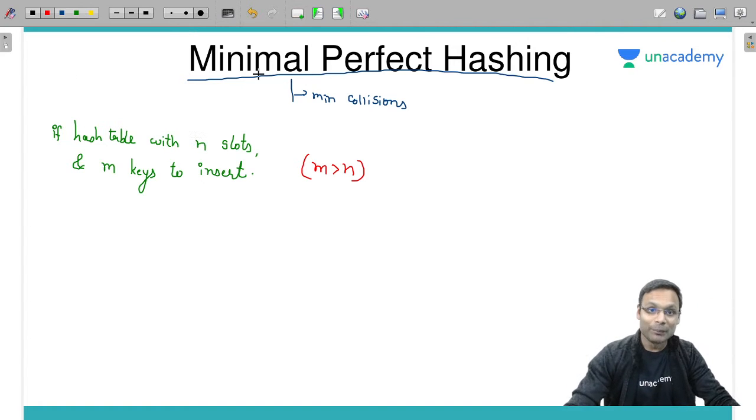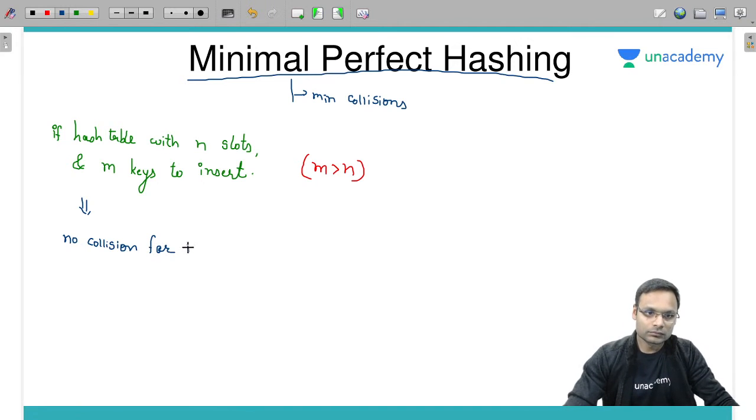So what is minimal perfect hashing? I will say minimal perfect hashing is no collision for the initial N number of keys, N keys.